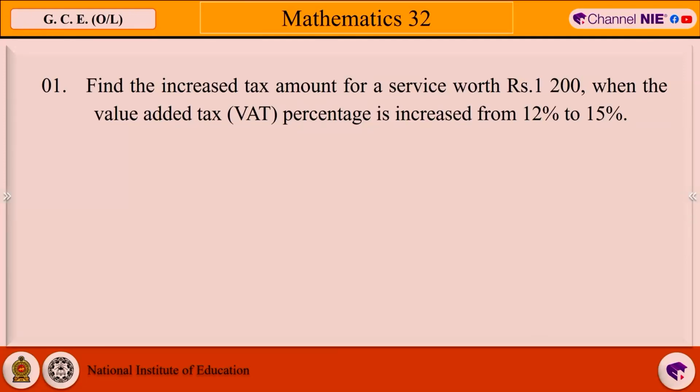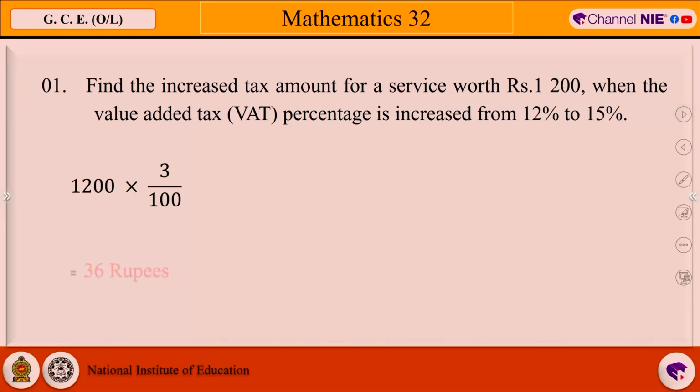First one: find the increased tax amount for a service worth 1200 rupees when the value added tax percentage is increased from 12% to 15%. So, what is the increment of the tax? It's 3%. So, you have to calculate 3% of 1200.